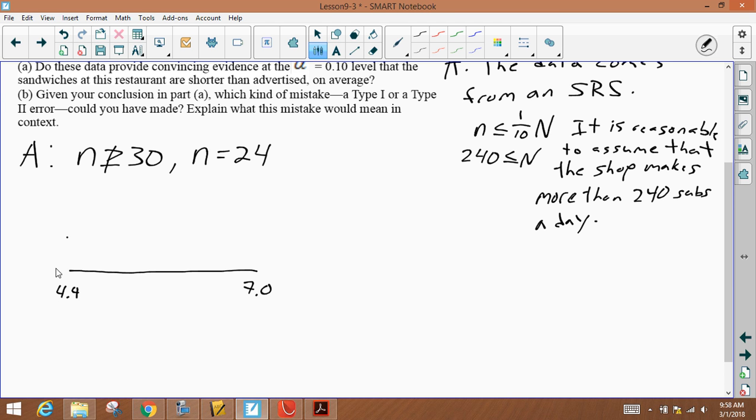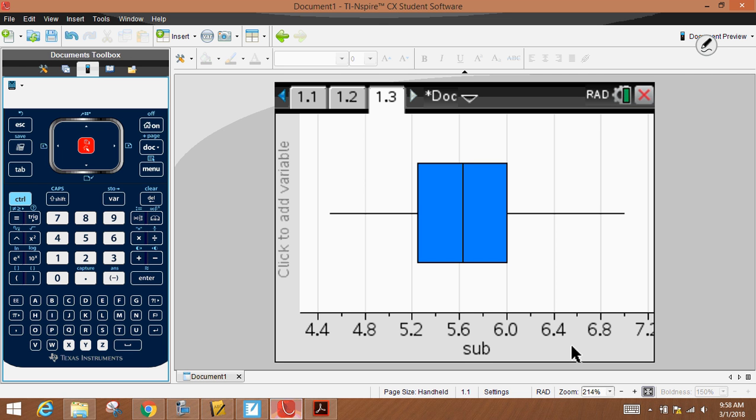So I know I've got an endpoint here, I've got an endpoint here. Our next value is right around 5.2. 5.6. 5.2. So let's go ahead and make our notches.